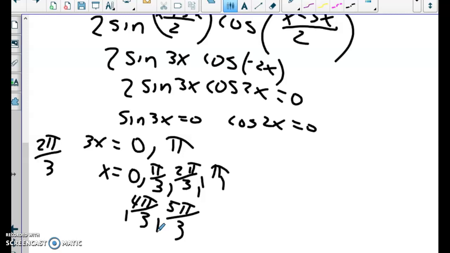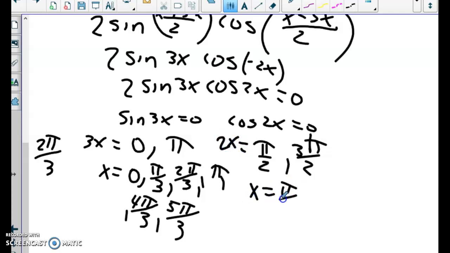Well, we know that the cosine, which is the x value, is equal to 0 at pi over 2 and 3 pi over 2. But those aren't equal to x, those are equal to 2x. So my x is equal to pi over 4 and 3 pi over 4.